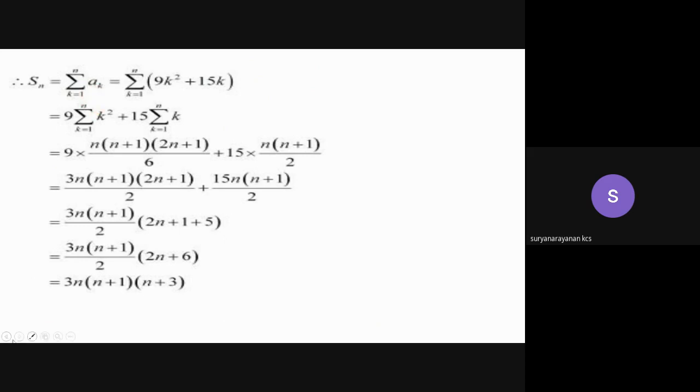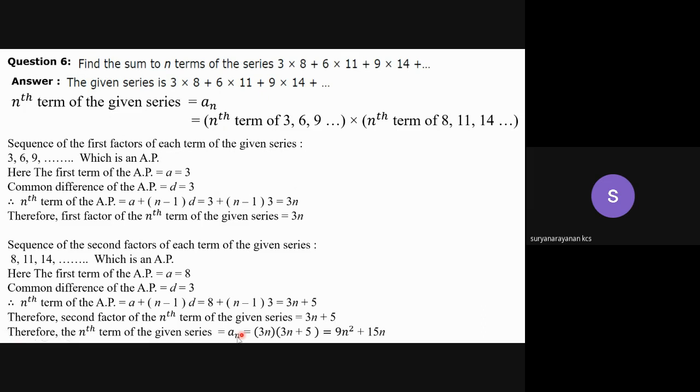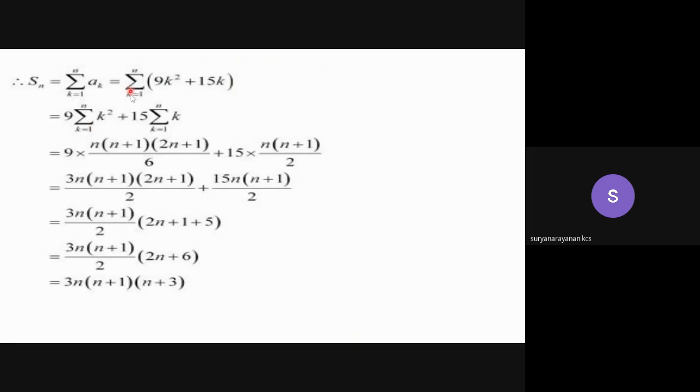For this previous equation, an is equal to 9n square plus 15n. We are applying sigma notation on both sides in this step. That is equal to sigma k is equal to 1 to n of 9k square plus 15k.